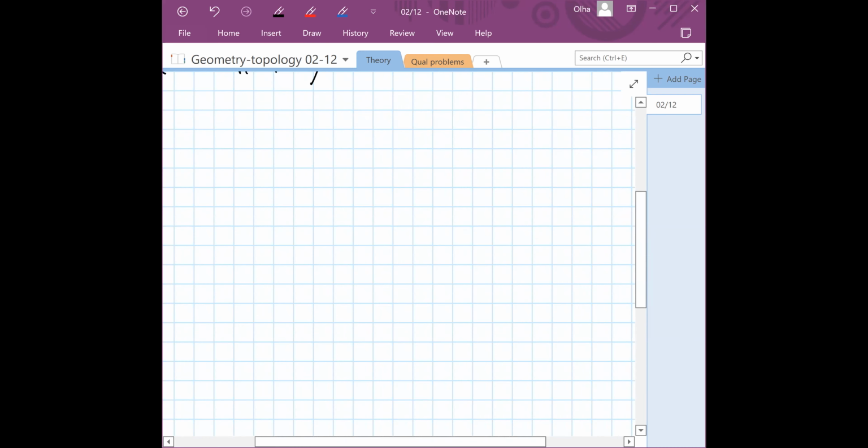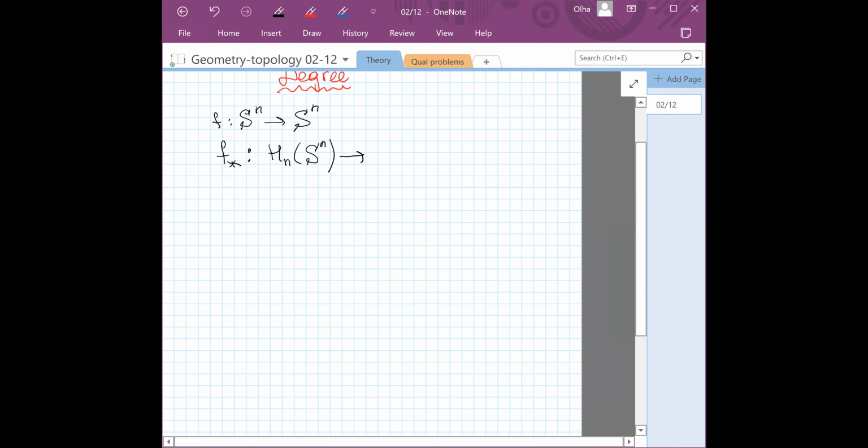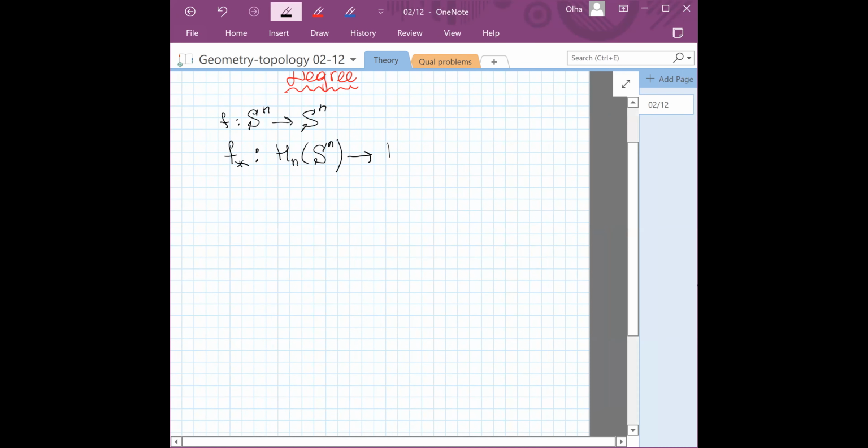Okay, cool. So the idea is that both of these spaces are actually Z, and that means that F star has to be a multiplication by some number.